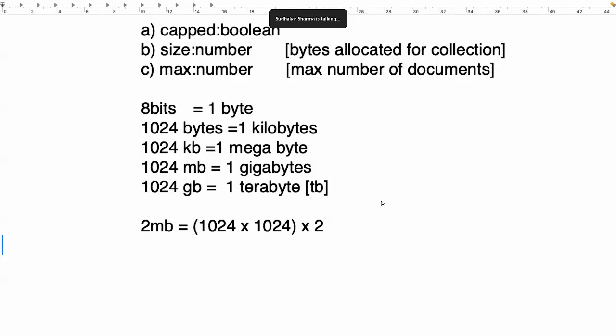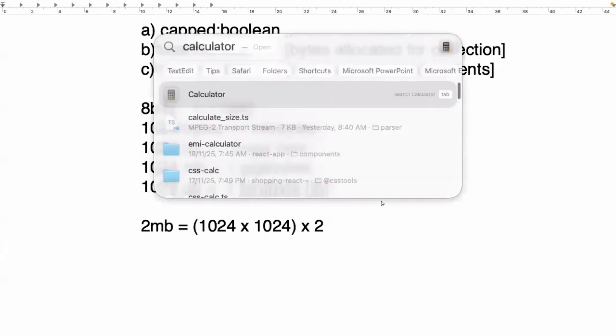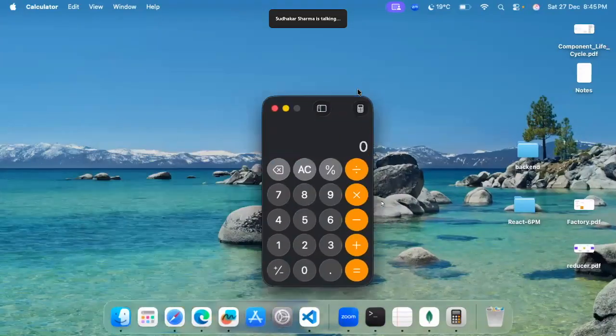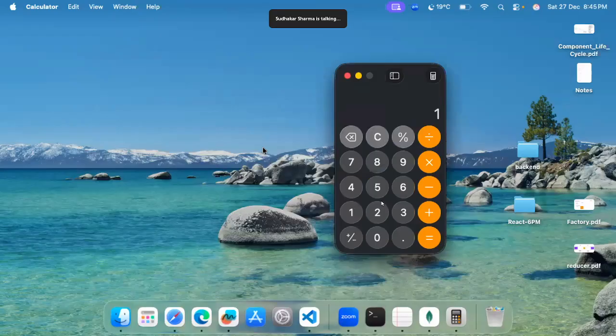Suppose in a calculator you calculate 1024 into 1024, that is 1 MB size, into 2. This will be 2 MB size.